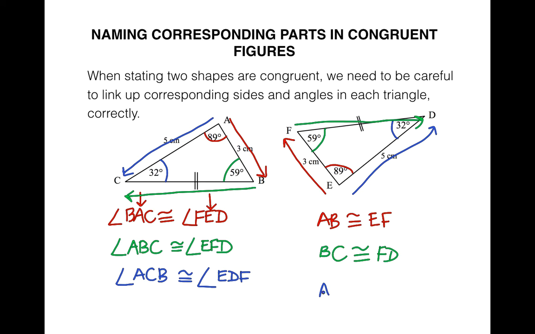So AC is congruent to ED. So we've made sure that we have linked up all sides and angles in these two congruent triangles.